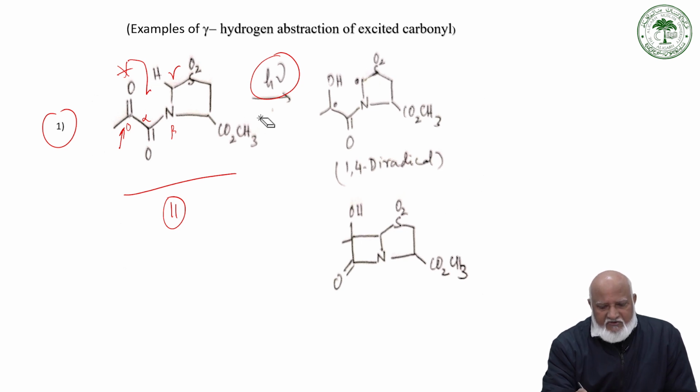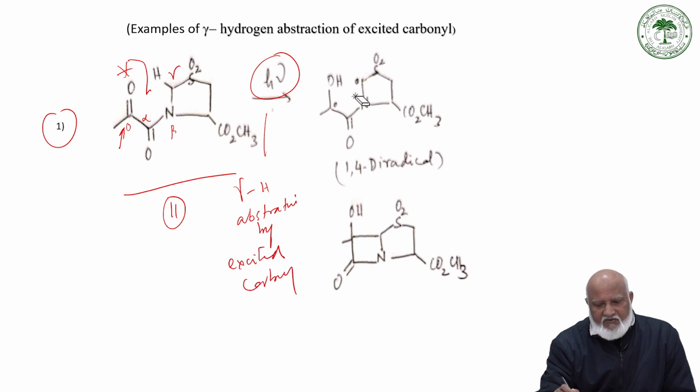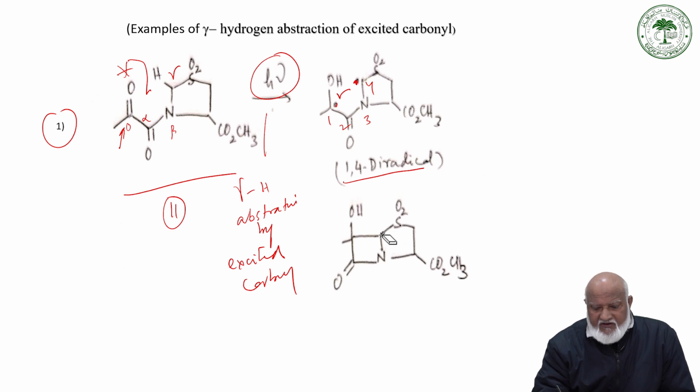Gamma hydrogen abstraction by the excited carbonyl takes place to give a 1,4 diradical. 1, 2, 3, 4. The 1,4 diradical is formed, and this is nicely set for 1,4 radical coupling to give this 4-membered ring, and of course this is a 5-membered ring initially.